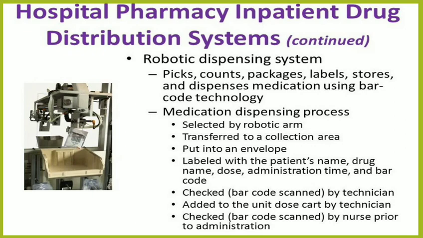Then it is checked by technician by using barcode scanner, then added to the unit dose cart by technician and again checked by nurse prior to administration, again by using the barcode scanner.